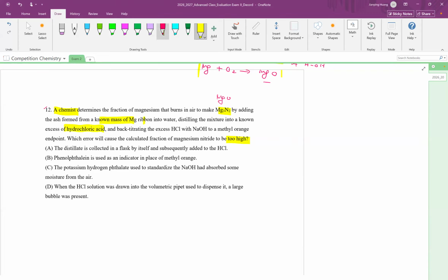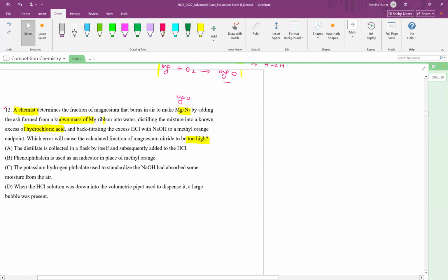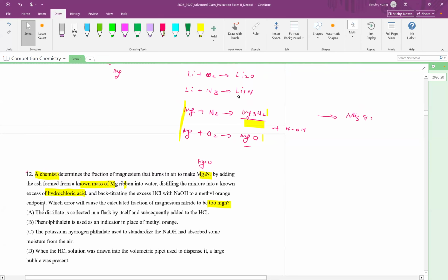Can anyone tell me why you need to add HCl? Can anyone tell me, class? We discussed this if you were in organic chemistry, right? Magnesium is a very reactive metal, and in the air you form magnesium oxide, right?